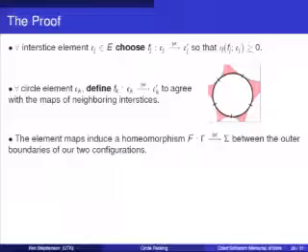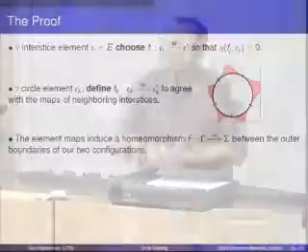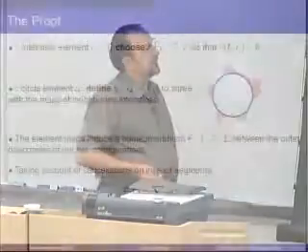And by the way, in our overall configuration, there are some interstices around the boundary. And so this defines a map on the outer boundary there, because those edges are not shared by any other interstices. So they're sort of left over, and there's an induced homeomorphism, fixed point free, on the outer boundaries of the configurations.